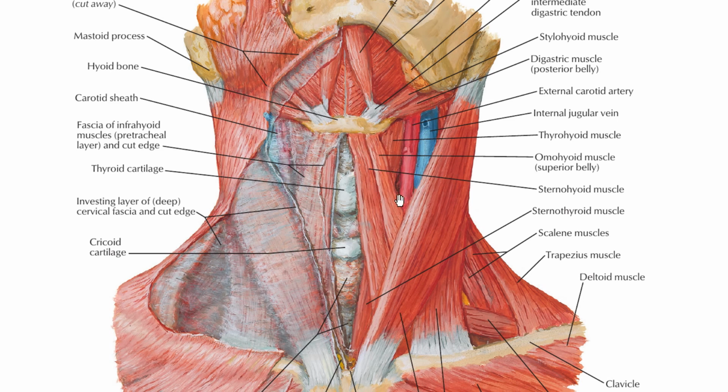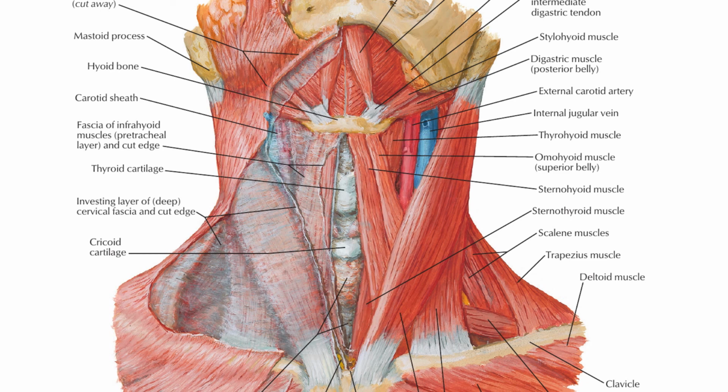This triangle contains the strap muscles, also called infrahyoid muscles. The thyroid gland lies beneath these strap muscles, along with the thyroid cartilage, and all these structures lie within this triangle.